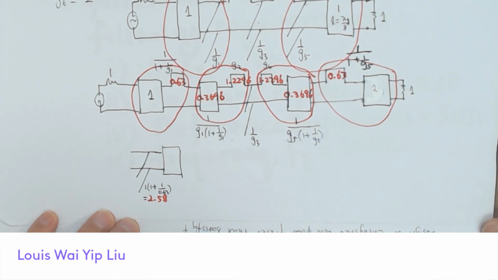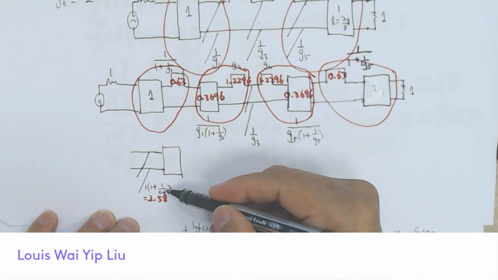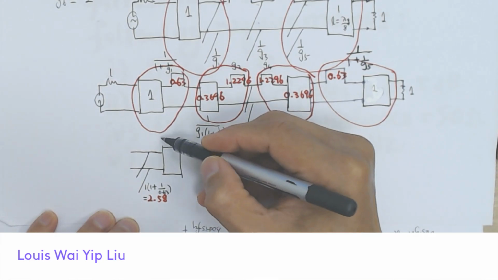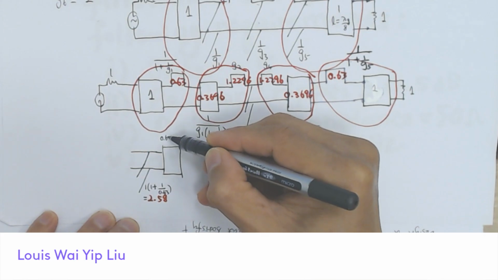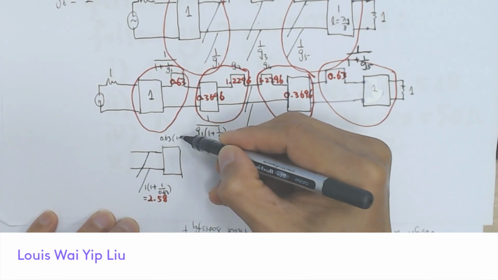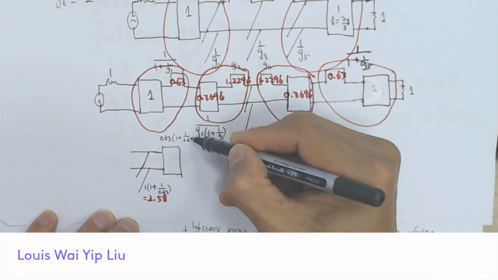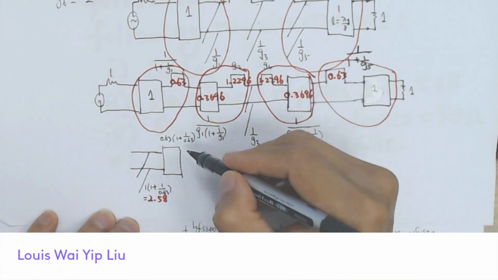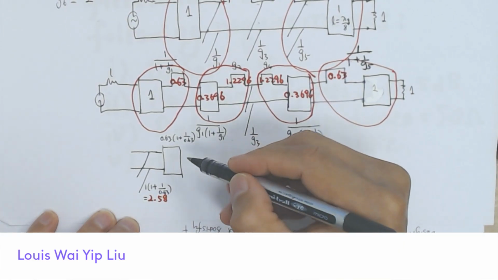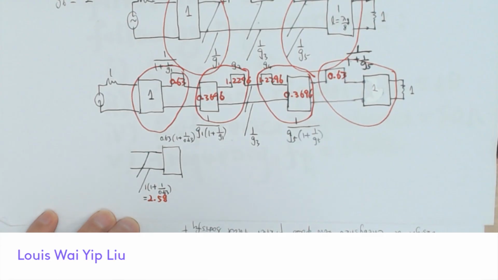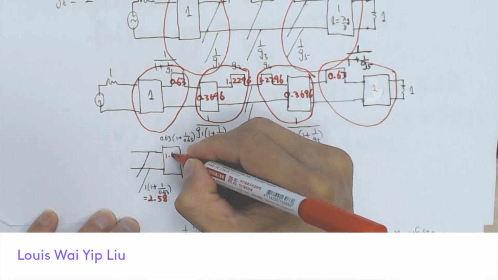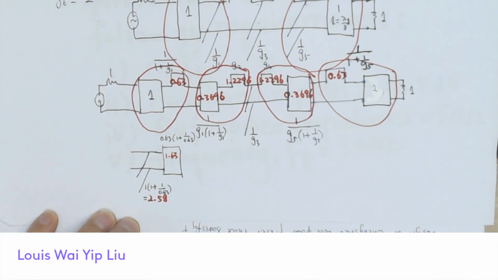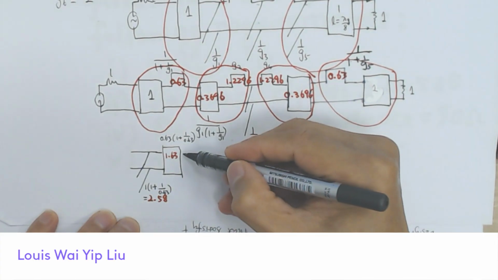And similarly, we use a similar formula, but this one will be 0.63 times. So if you do it carefully, you will get 1.63.